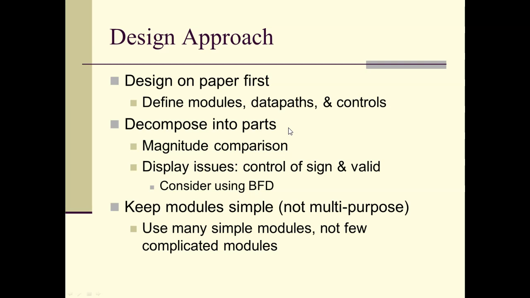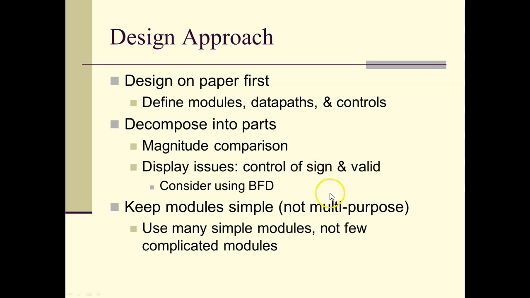Now the issue in this is it is doing magnitude comparison, and what you're going to have to do is utilize the signed bit and the valid bit on that universal 7-segment display. Now this is kind of tricky. I would suggest using brute force design in this, which essentially sets up a table to output the correct stuff based on what the experiment is asking you to do.